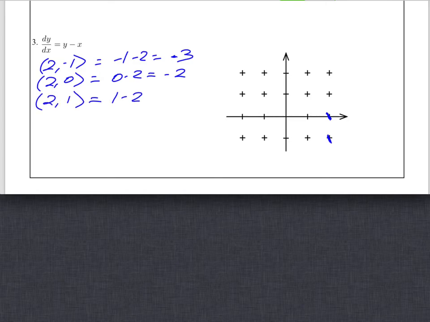Plug in 1 and 2, which gives me -1. Anybody seen the pattern? It's the same spot. What's happening to my slope? It's increasing by 1. As Brady said, we're still aiming for that same spot. So what's my next slope going to be? 0. We're still aiming for that same spot.